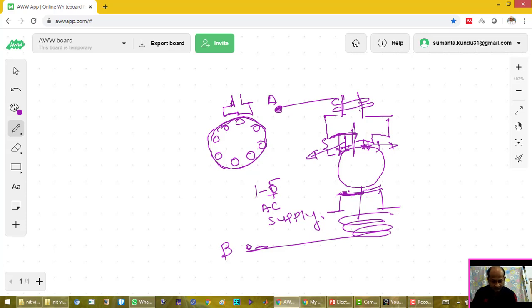Now if we see this structure, there exists a non-uniform air gap between the pole face and the rotor surface. The reluctance path varies from stator pole to rotor.